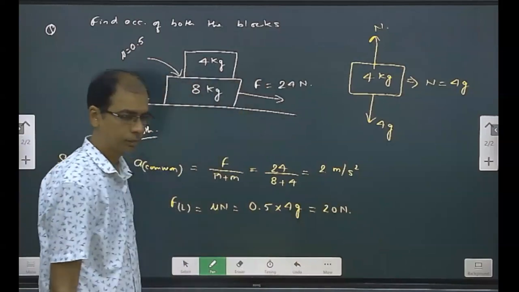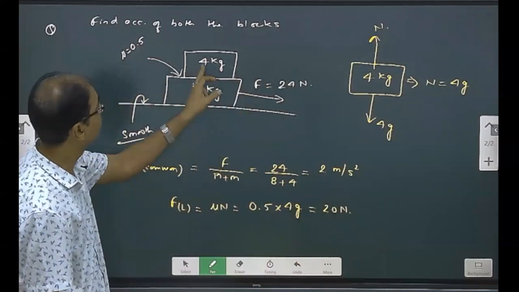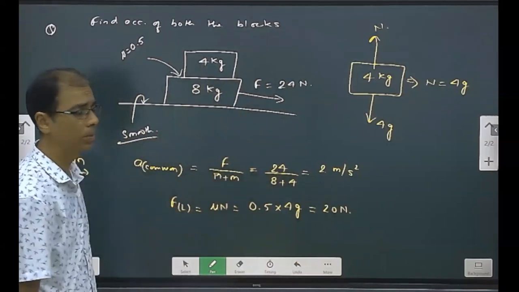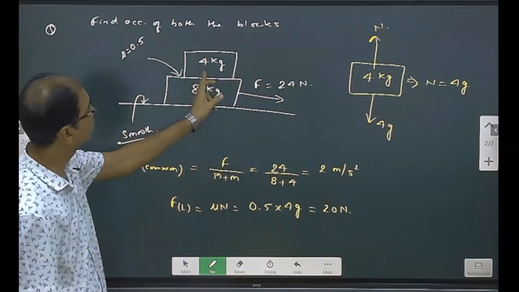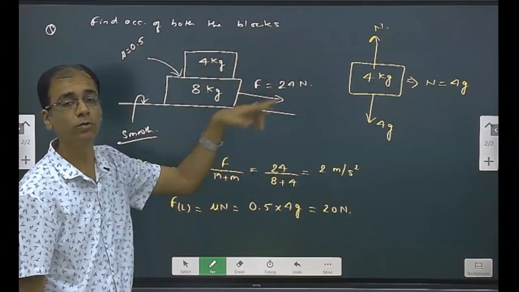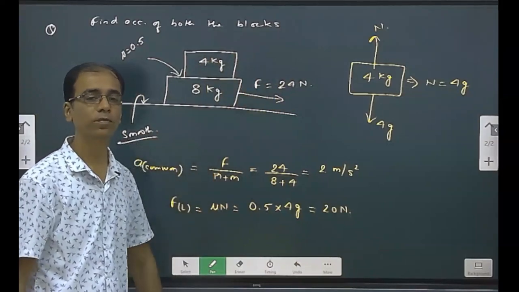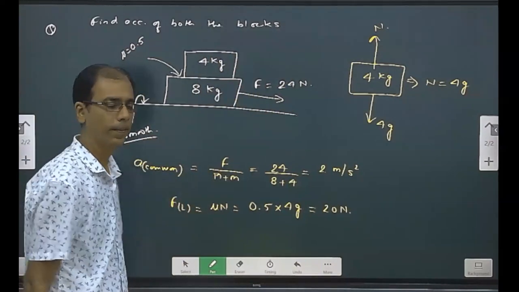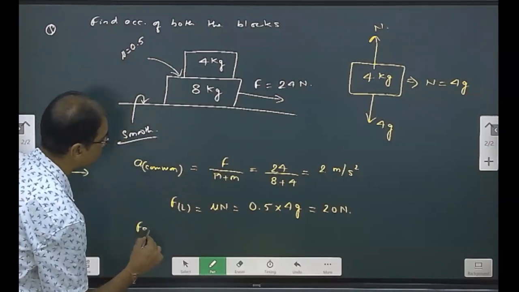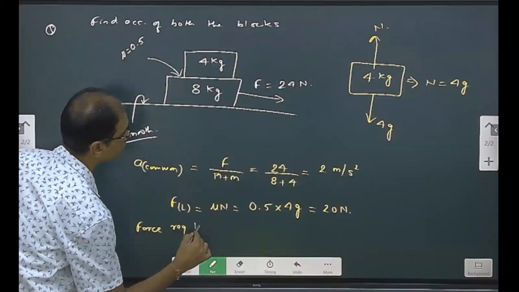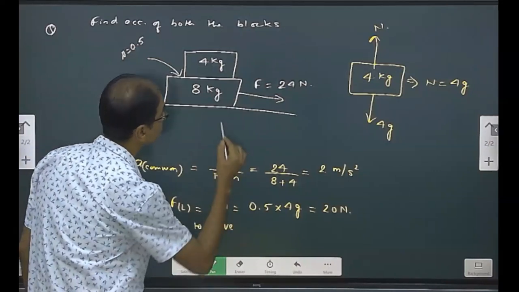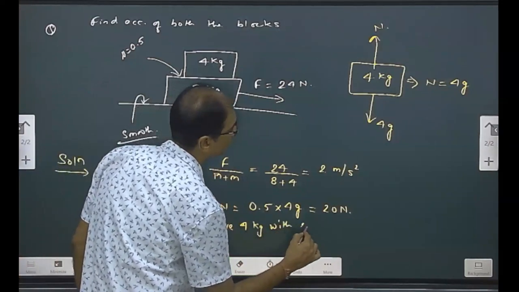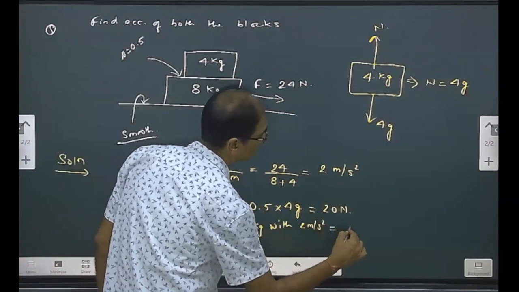So far, good. Now, we have to check if we want to move this block with the given acceleration of 2, because the common acceleration we got is 2. If this block has to go with the 2 acceleration, how much force does it require? It's 8 Newton. How did you get it? M into A. Force required to move 4 kg with 2 meters per second square is 4 into 2.